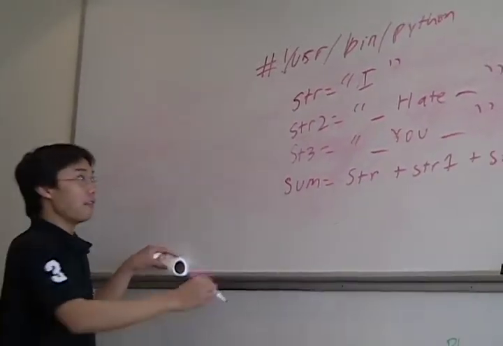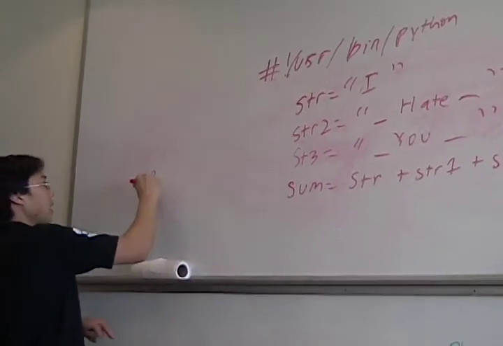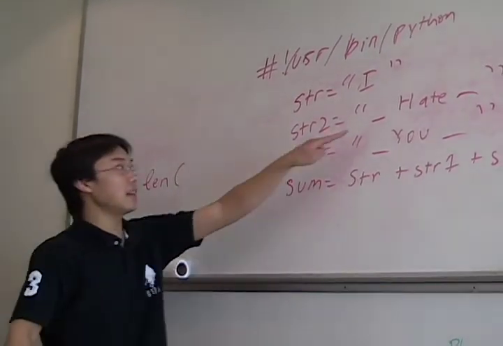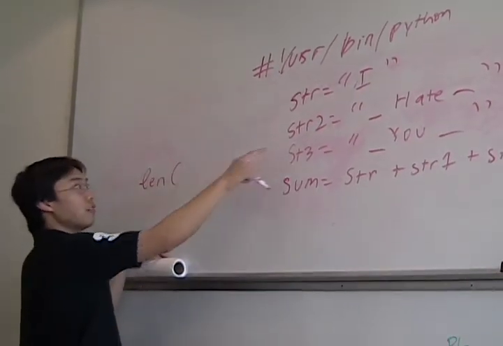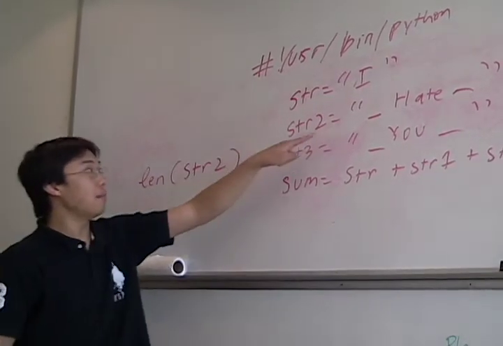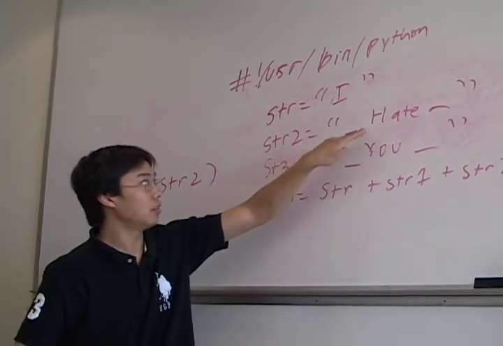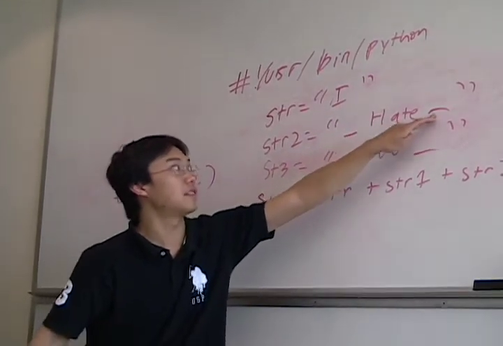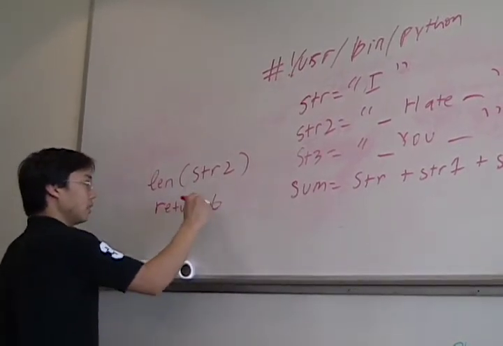So there's a function called len, which gives me the length of our string, and you're going to be using that a lot. If I do the length of str2, what would it return? 1, 2, 3, 4, 5, 6. It's going to return 6.